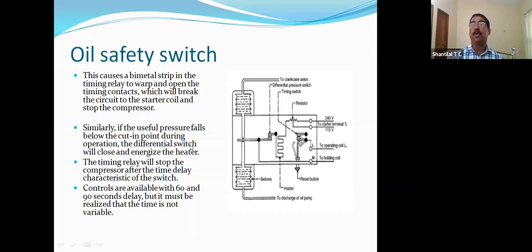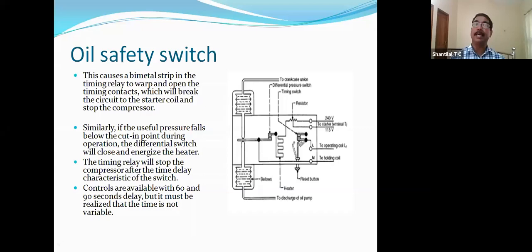So the function of this switch is, if the oil pressure is normal, it allows the compressor motor to run. If, due to any reason, initially or after running, sufficient oil pressure is not reached at a particular level, this switch does not allow the system to run.